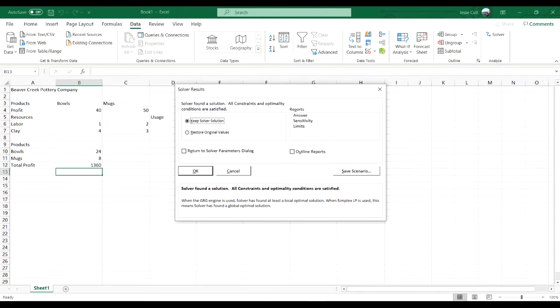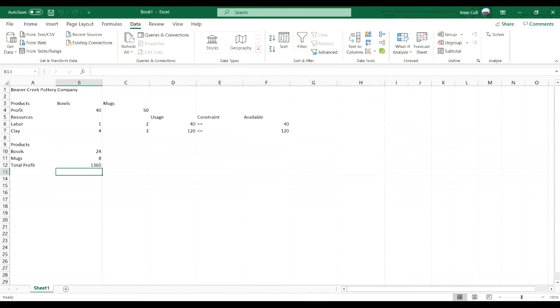All constraints and optimality conditions are satisfied, meaning we have maximized our profit. We hit OK, and we see that we are producing 24 bowls and 8 mugs, which will give us a profit of $1,368.